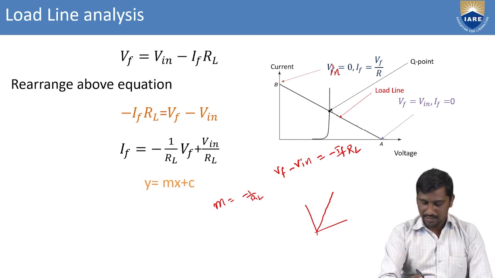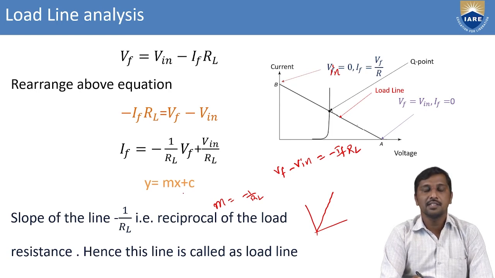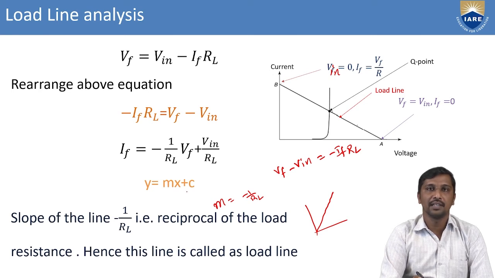That line, the slope of that load resistance, is called the load line here. So up to this point, we have observed the load line analysis of a PN junction diode, and the need for this load line analysis of a PN junction diode.